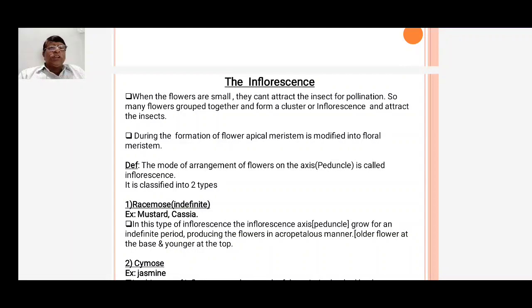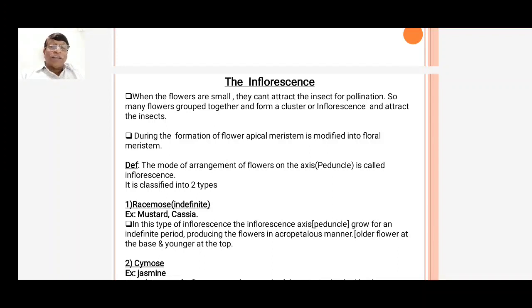What is racemose inflorescence? It's a type of inflorescence in which the inflorescence axis or the peduncle grows for an indefinite period, producing the flowers.